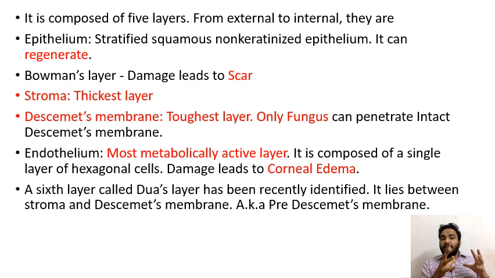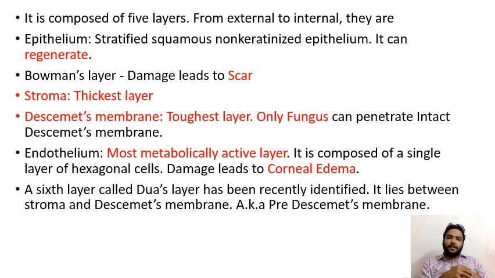And organisms that can enter epithelium, I've described in your corneal ulcer topic. Those are Neisseria gonorrhoeae, Haemophilus influenzae, Corynebacterium diphtheriae, Neisseria meningitidis, and also Listeria. All these organisms can enter epithelium, whereas for Descemet's membrane, only fungus can enter intact Descemet's membrane. If it's broken, anybody can enter, but if it's not broken, then only fungus can enter.